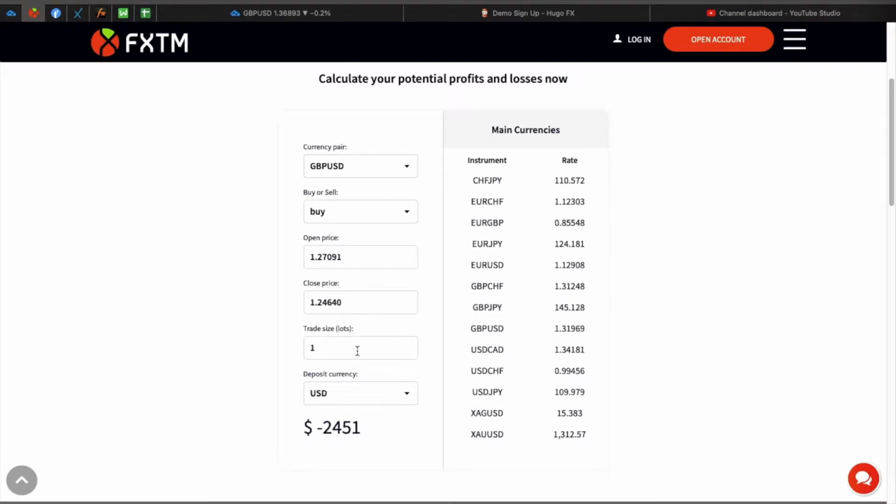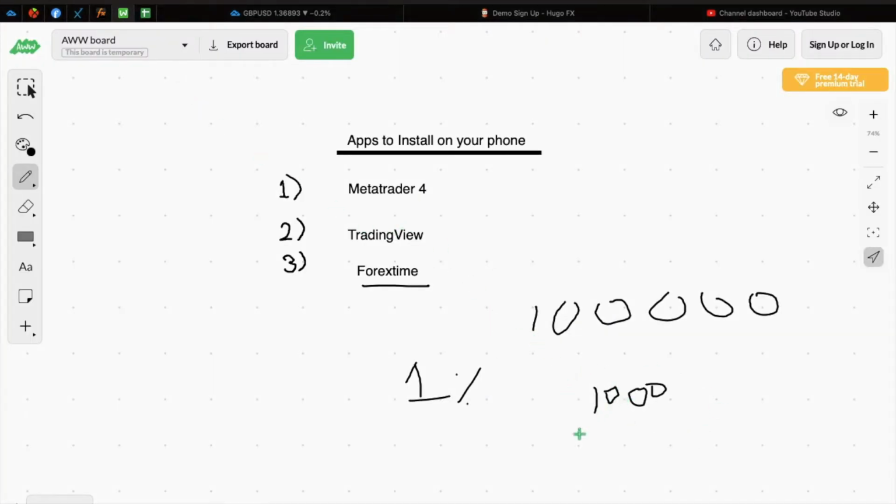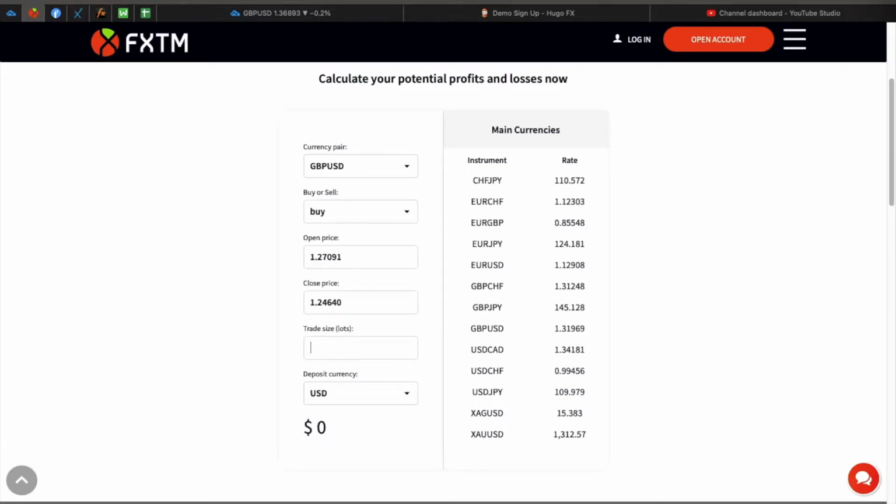now all you would want to do is play around with the lot size, right? So we're risking $1,000 in this trade because it's 1% of our capital. So let's just keep trying lot sizes until we get $1,000. Let's try one lot. No, that's too much because that's $2,000. Let's try 30. Nope, that's less because that's only 735.